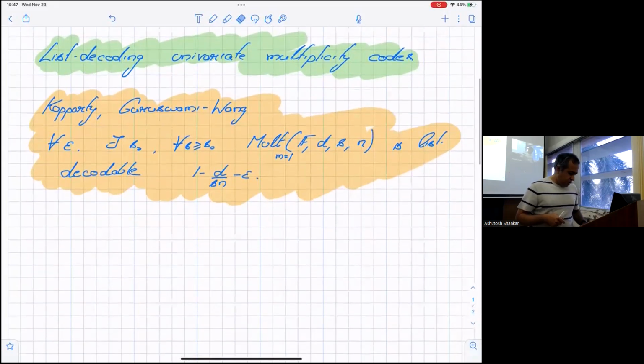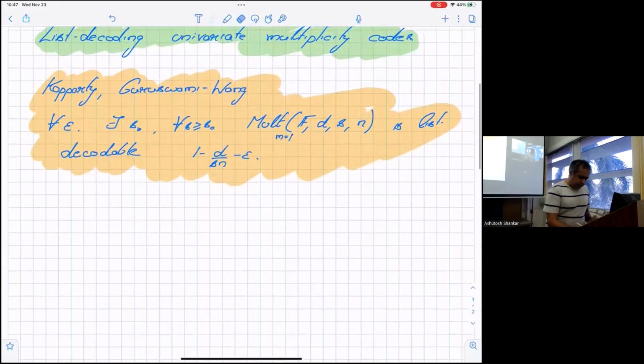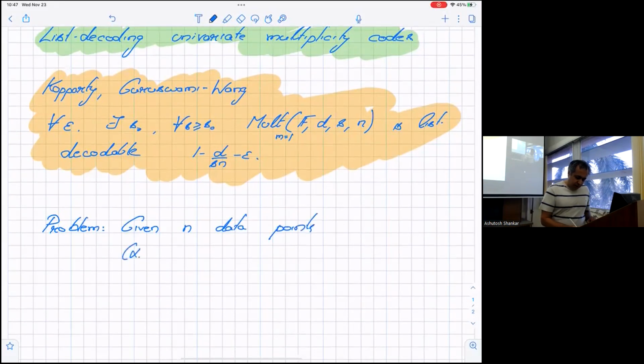Okay, so what is the problem here? We are going to be given n data points. Each data point is alpha 1, which is in the field, and beta 1, which is an s-symbol long vector, so it gives you the s derivatives.